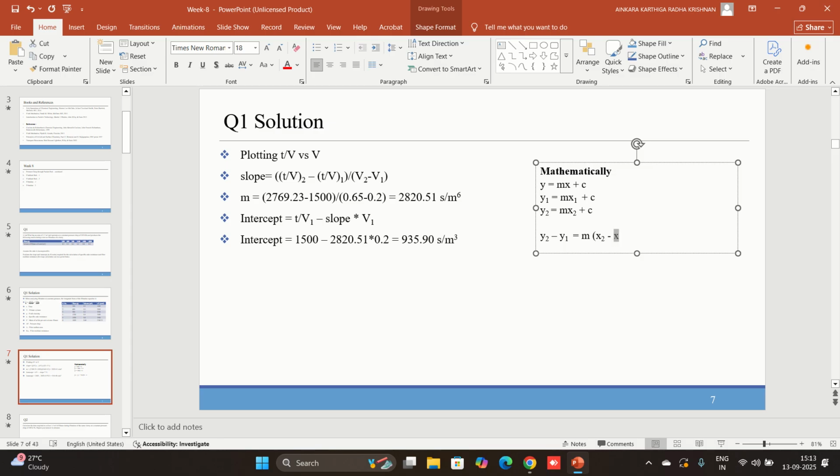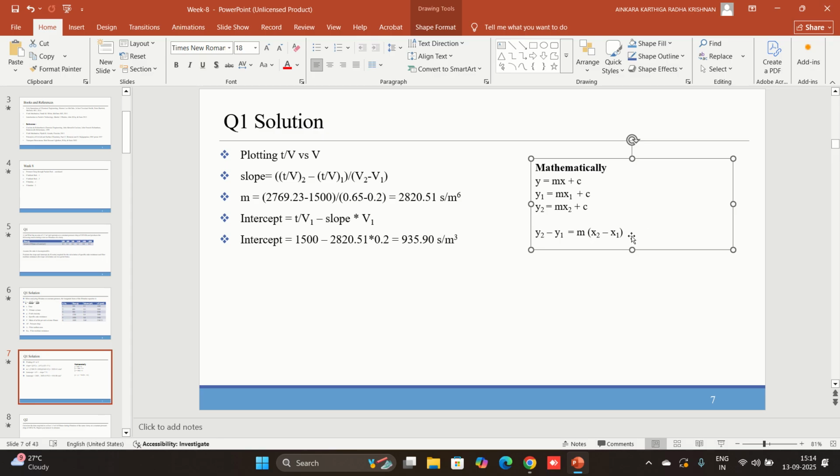So we are just subtracting this one from this one. y2 minus y1 is equal to m, which we have taken as common, times x2 minus x1, and c gets cancelled.